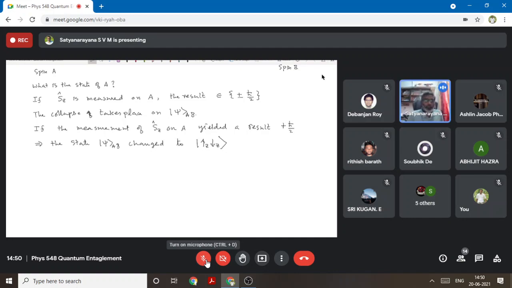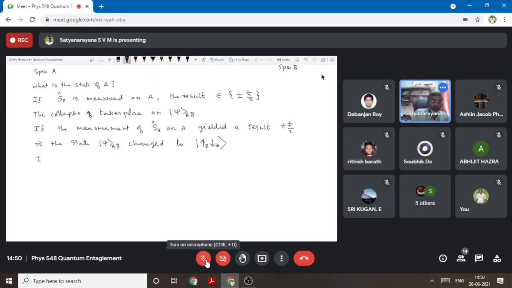So the states IAB change it to this up Z and down Z, which means that if someone measures SZ on spin B, then we can predict with certainty that the result will be minus h cross by 2.